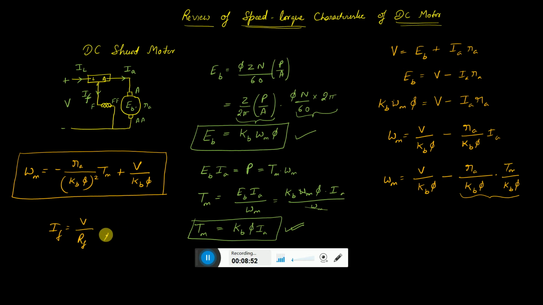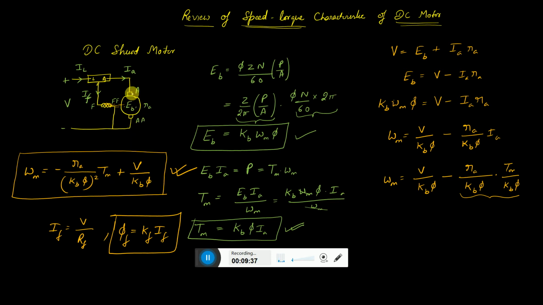What is important is the field flux, which is linked with the armature. Phi f is proportional to the current, so I can write that phi f is equal to kf into If. Since the flux phi f is constant, we are not using this kf term in the entire expression. But if we need to vary the field current If, then the flux will vary and we need to write it in terms of kf. But for now, this one expression is enough.